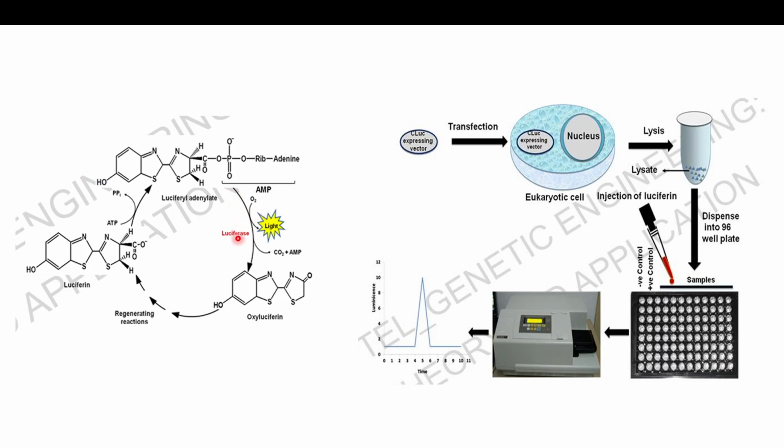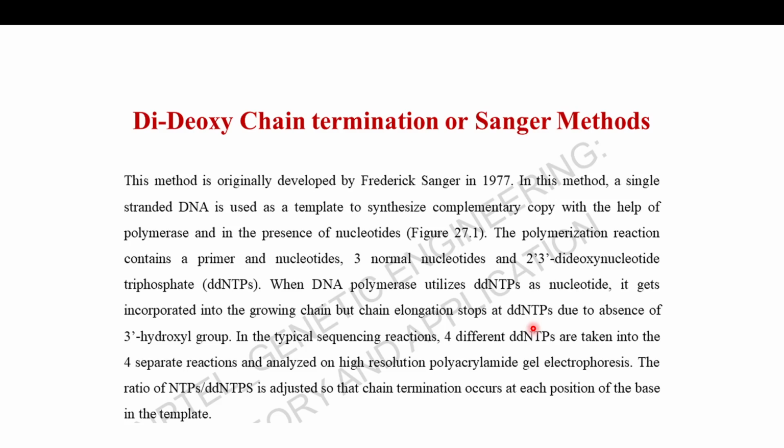Then in the presence of luciferase enzyme, CO2 and AMP are released and it gives off light, thereby forming oxyluciferin. This light can be detected via luminescence, and then a reading can be taken.